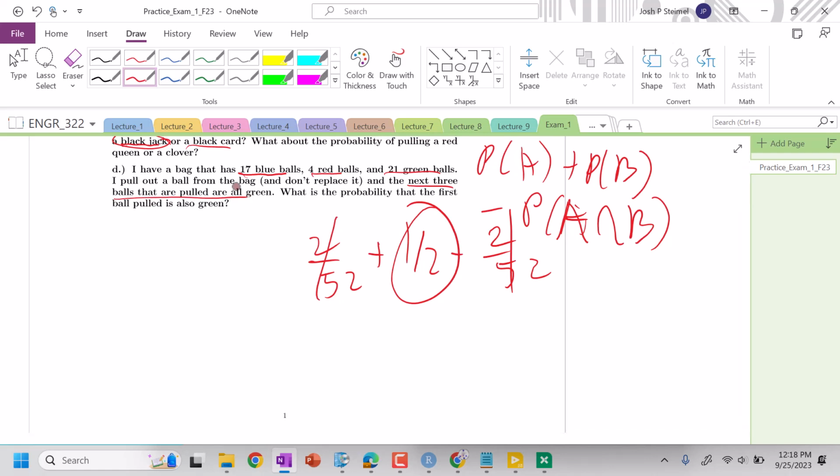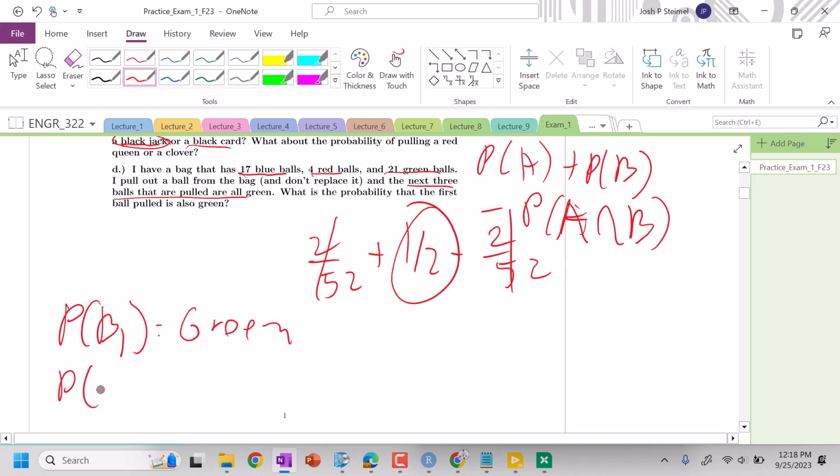So there are multiple outcomes. There's the probability that the first ball that was pulled is green. I could also have probability 2 that it is red. I could also have probability 3 that it is blue.